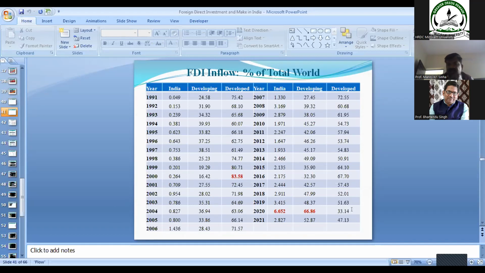We can see the share of developed countries is just above 33%, and developing countries' share is almost 67% of world FDI.